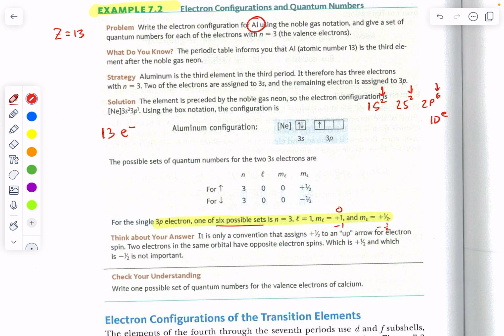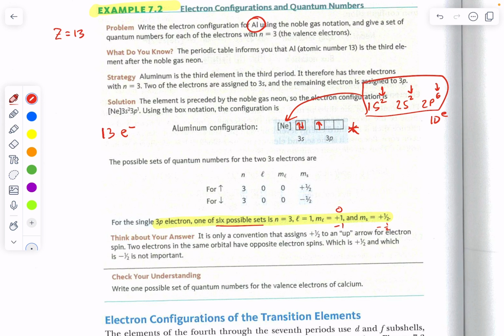So now I need to go to the third energy level for the remaining 3. And this part right here is all neon. So in the third energy level, I fill it up with electrons number 11 and number 12. And now the third electron is going to go in the 3p subshell. So this right here would be the correct way to write the electron configuration for aluminum.